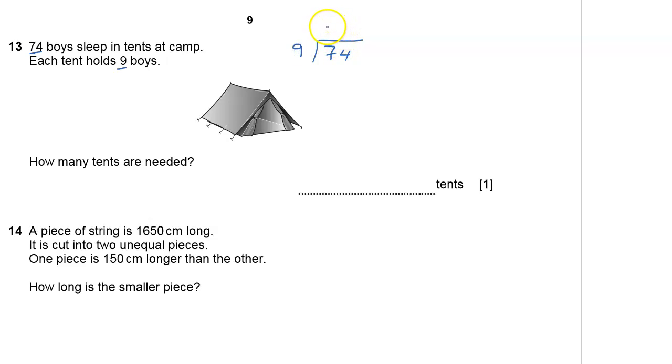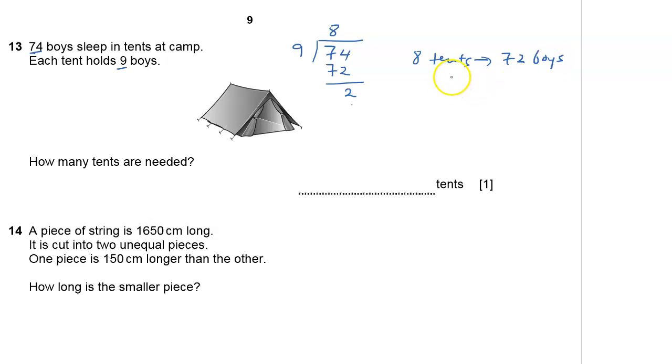Of course, you'll get 8. 8 times 9 gives us 72. So we have a remainder of 2 here. So basically that means you will need 8 tents to hold 72 boys.